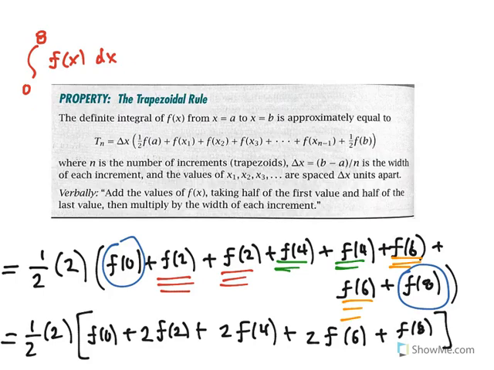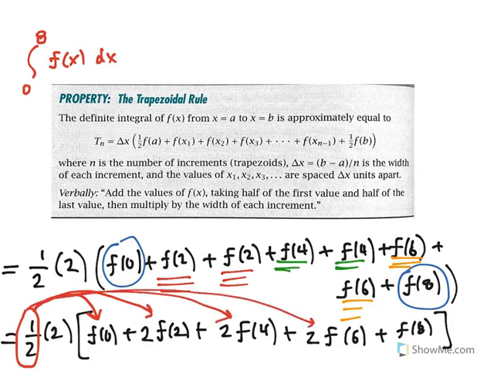One other thing you can do is take this 1/2 and distribute it to each of the terms inside the brackets. And when you do that, 1/2 times 2 will give you 1 for each of those terms.